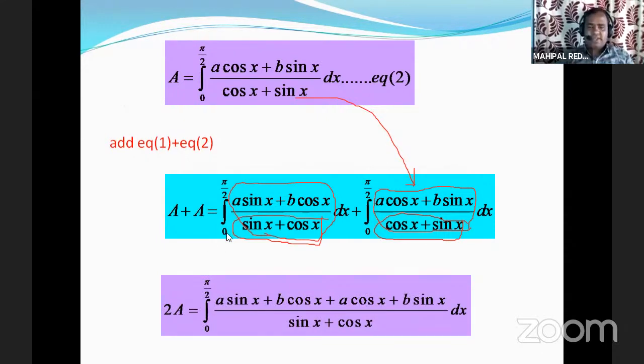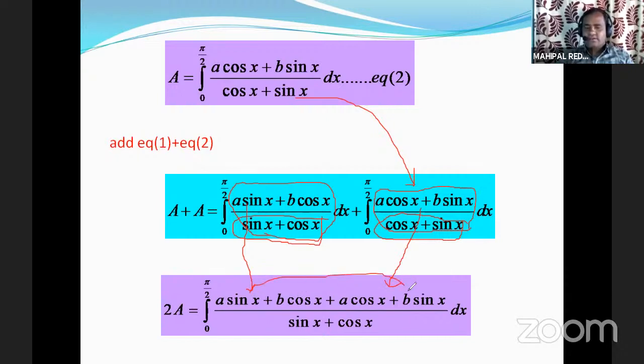The integration limits are the same, 0 to pi by 2. I am writing the 0 to pi by 2 as a single one. And both are like fractions. Therefore, the LCM is sin x plus cos x. And in the numerator, I am writing a sin x plus b cos x plus a cos x plus b sin x.